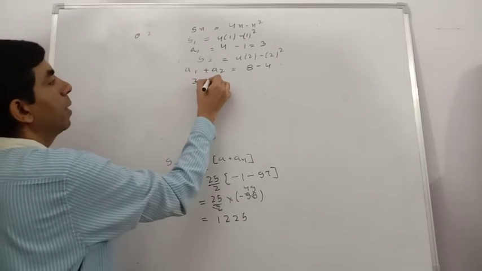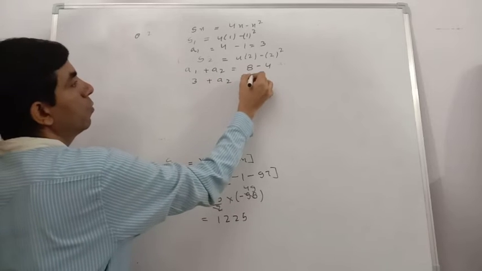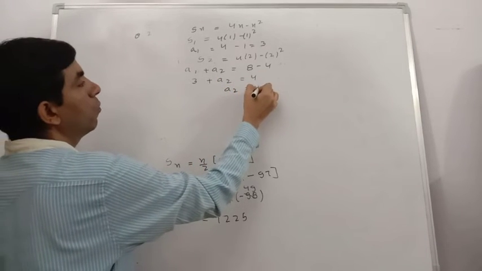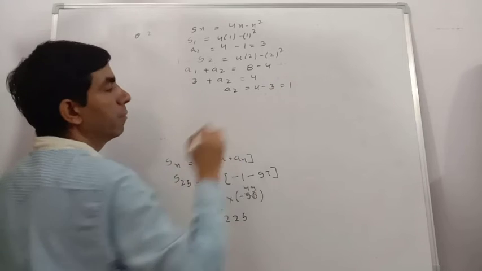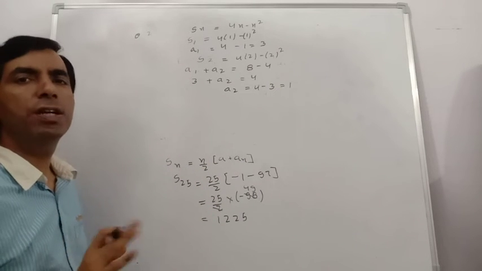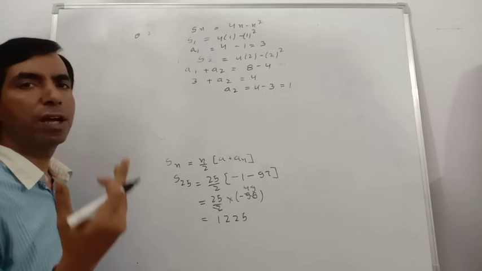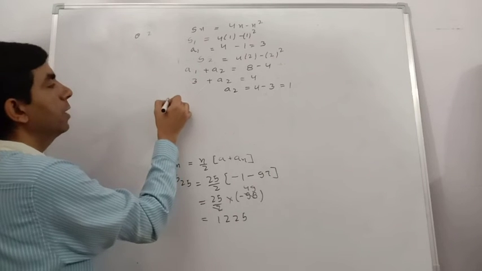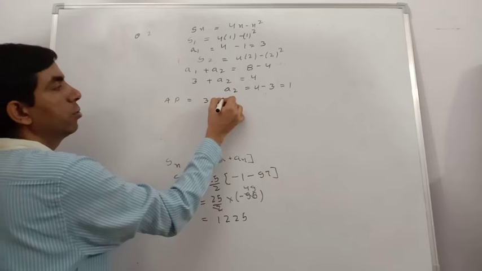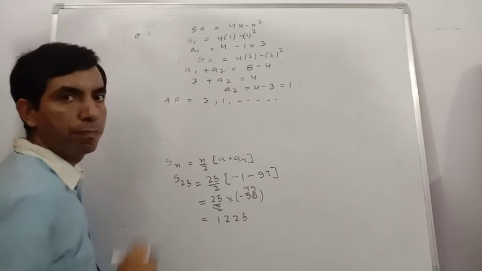So 3 plus A2 equals 4, so A2 equals 4 minus 3 equals 1. We have calculated two values, A1 and A2, so we do not need to find A3, A4 and A5. So we already have the AP series: A1 is 3, A2 is 1, and so on.